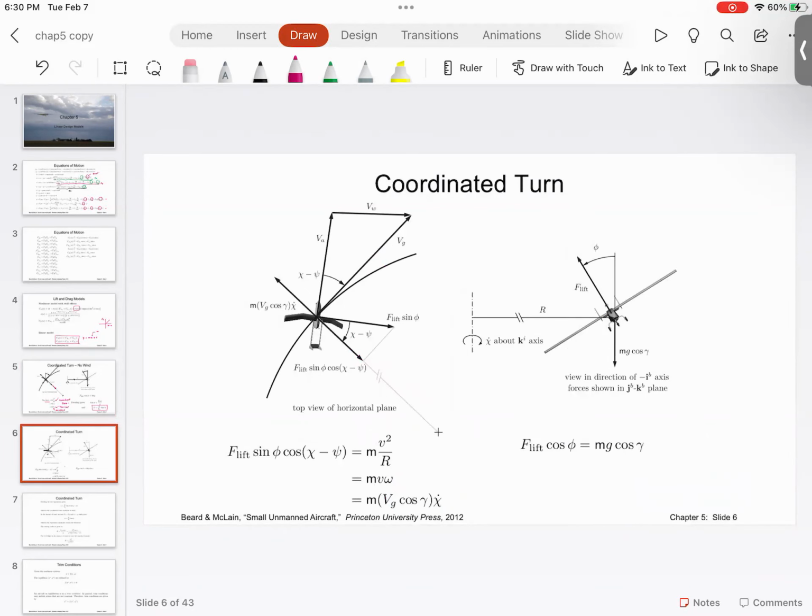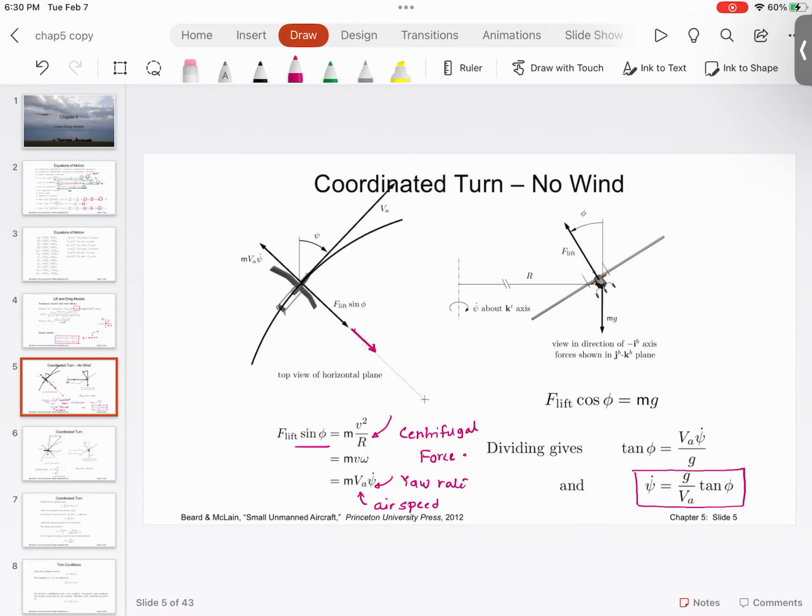Okay, in the previous problem, this is an ideal case. There is no wind. Remember, we talked about the ground speed being equal to the air speed plus wind speed. Ground speed is as if the aircraft were on the ground. What would be its speed?